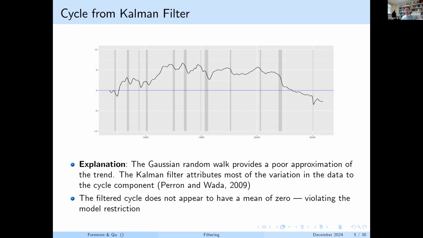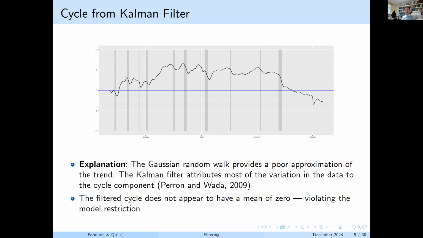Of course, this estimate of the cycle component does not make any sense because it tells us that we were in a permanent expansion starting from 1960 that goes all the way to 2010. So it's really hard to interpret. It's really hard to believe that this is the actual cycle component.